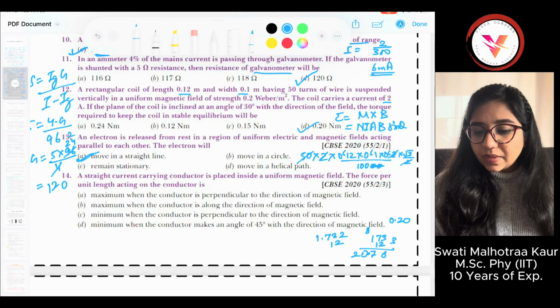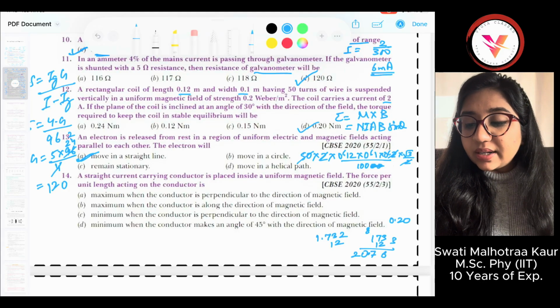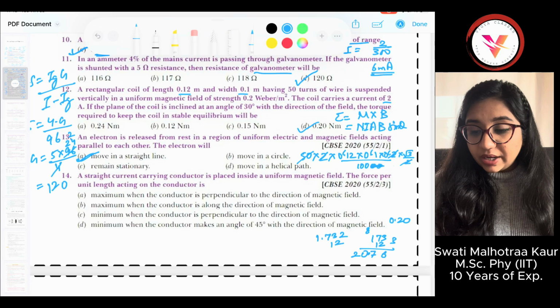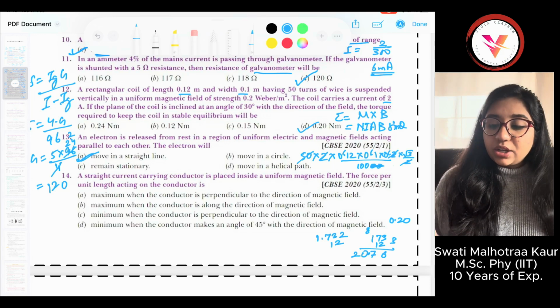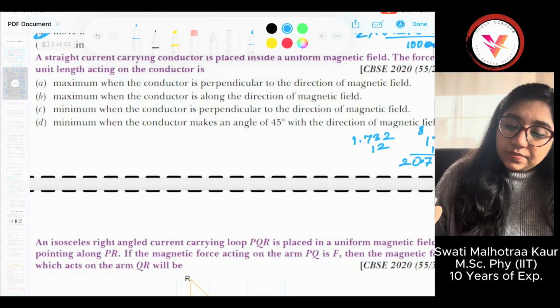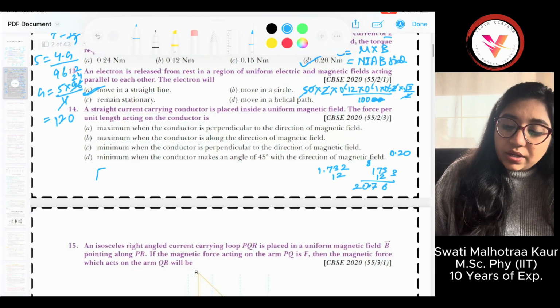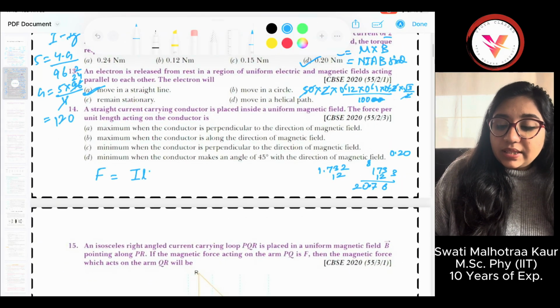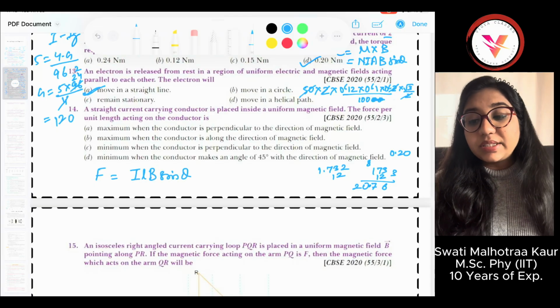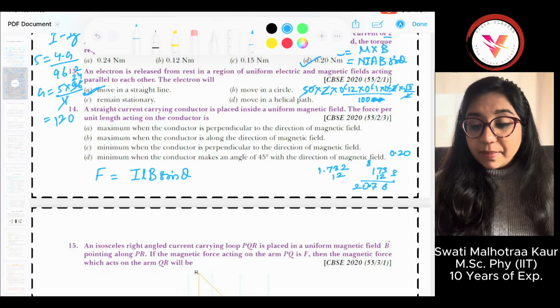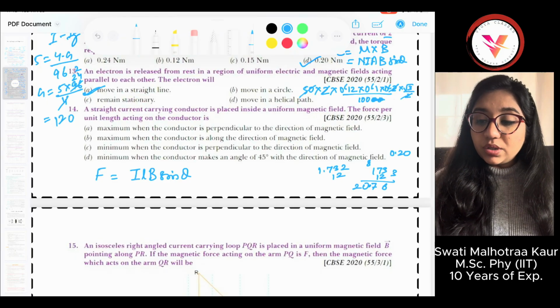Okay. Next, a straight current carrying conductor is placed inside a uniform magnetic field. The force per unit length acting on the conductor. The force is basically ILB sine theta. The force is maximum when the conductor is perpendicular to this.